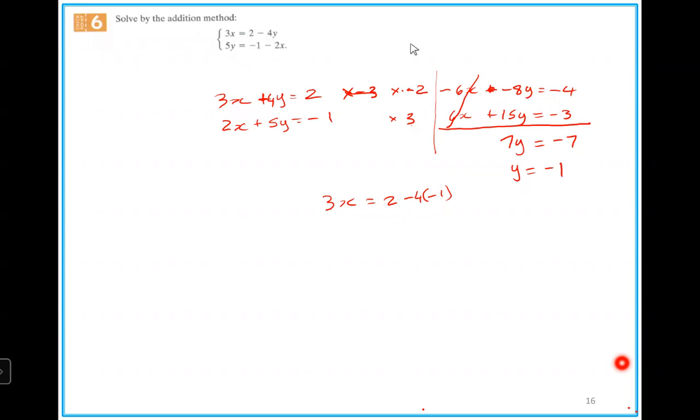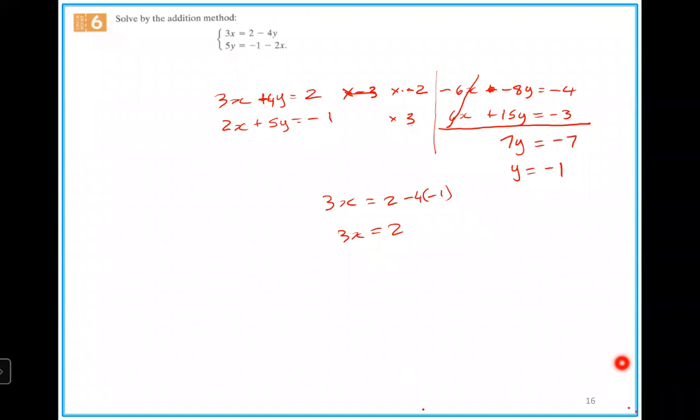All right. So 3x equals 2 minus 4 times negative 1. Okay, so 3x equals 2, and 4 times negative 1 is? Negative 4. I mean positive 4. Sorry, that's really negative 4 times negative 1.